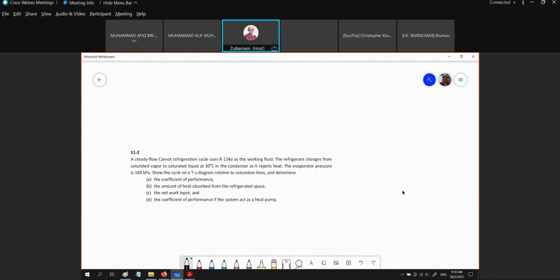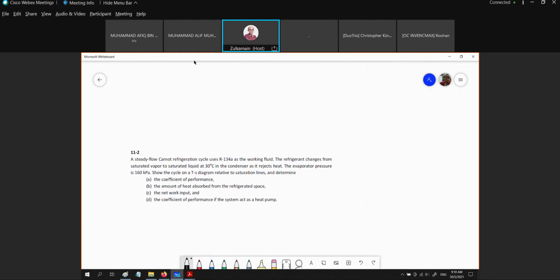Okay, so as we know, a Carnot cycle consists of 4 main components. One is the compressor, then we go for the condenser. The third one is the expansion machine, or expander, or the turbine. And then we go for the evaporator.